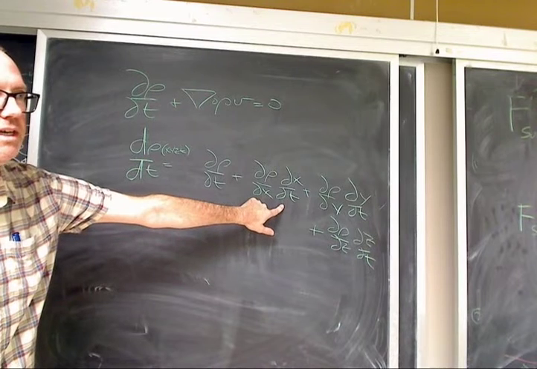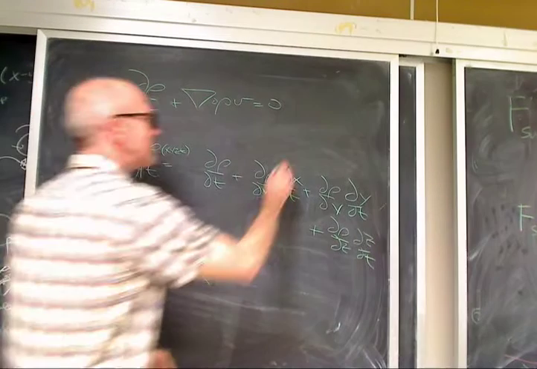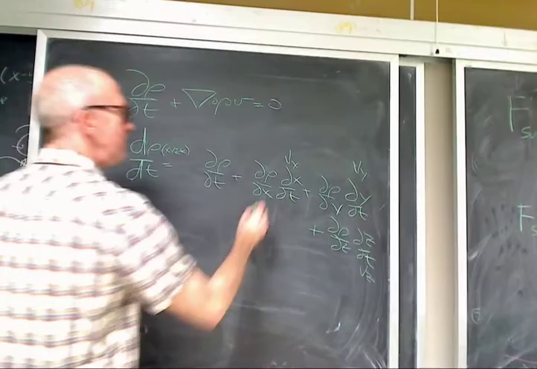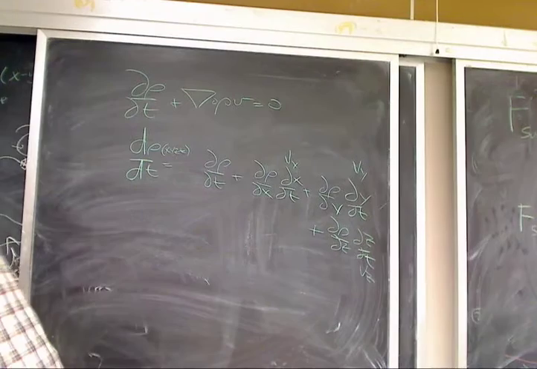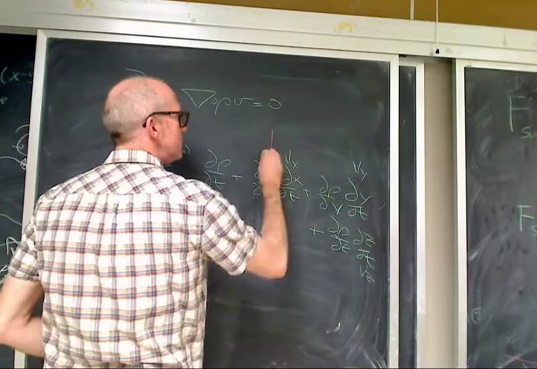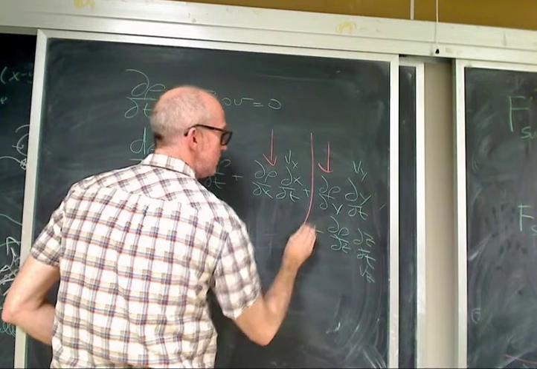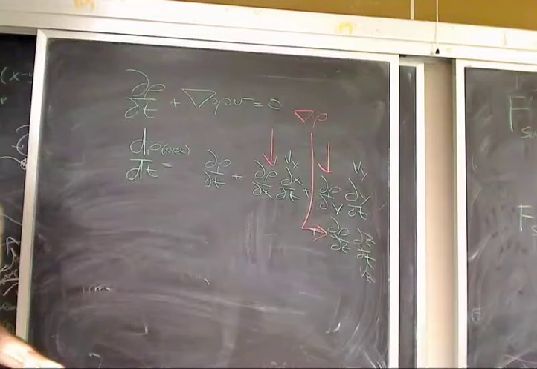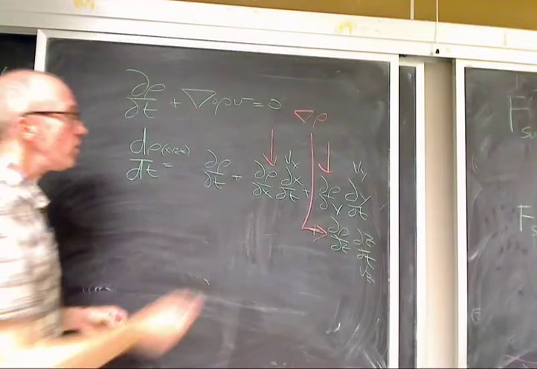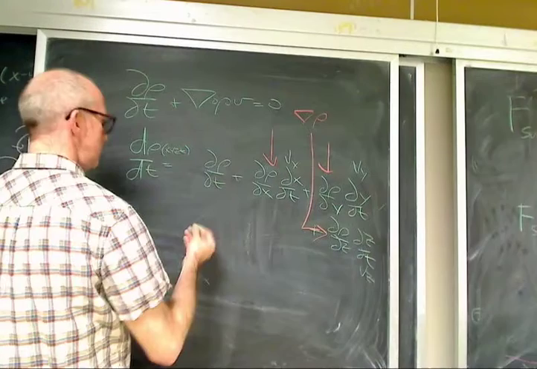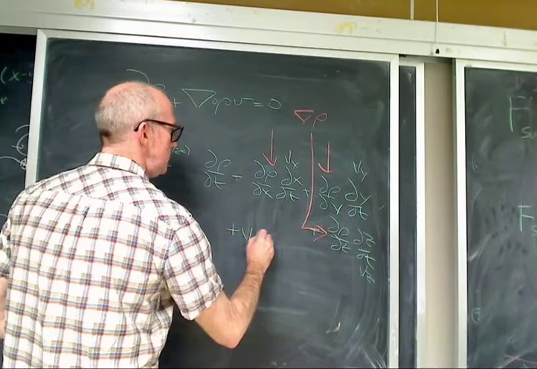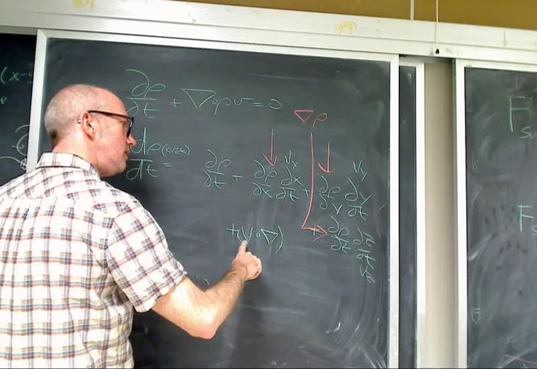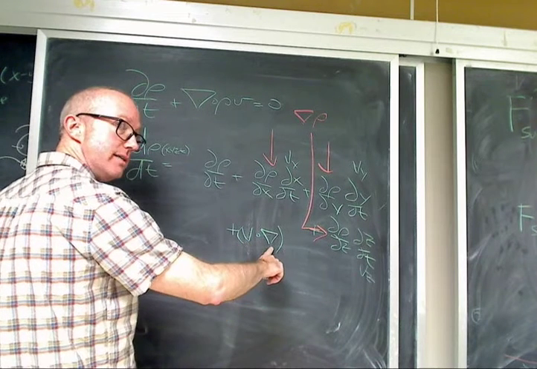Okay, and what's dx dt? There's vx, vy, and vz. And this, and this, are all nabla rho. Do you see that? So this whole thing, I got this pair of stuff. This is equal to plus v dot grad rho. It's important that the parentheses are around v and grad so that you don't screw it up.